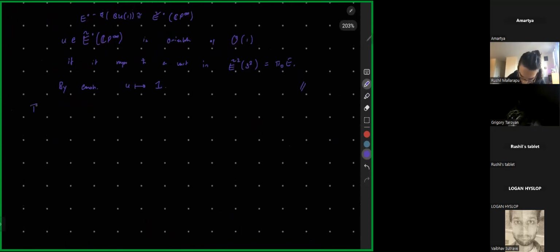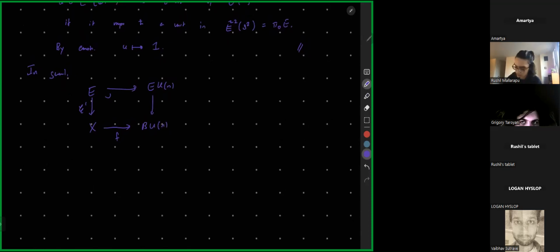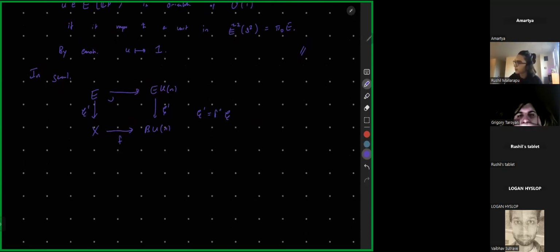So in general, we can write any vector bundle of rank n as the pullback of the universal bundle on BUN. Here, zeta prime is just going to be the pullback of zeta.